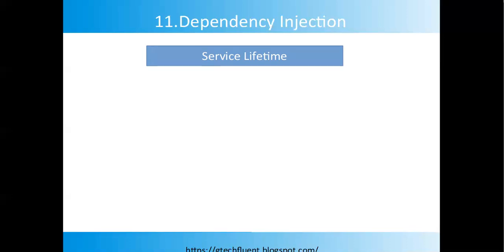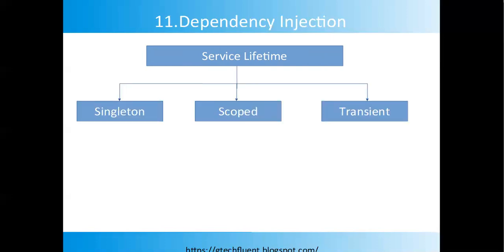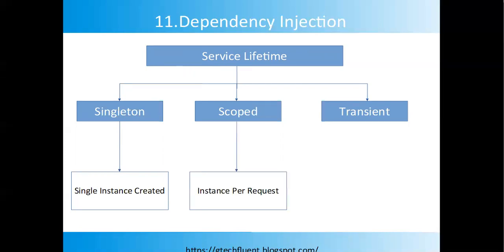In ASP.NET Core, there are three options when the service lifetime is defined. The first one is singleton, the second one is scoped, and the third is transient. Singleton means only a single instance will ever be created, and this instance is shared between all components that require it; the same instance is always used. Scoped means the instance is created once per request.